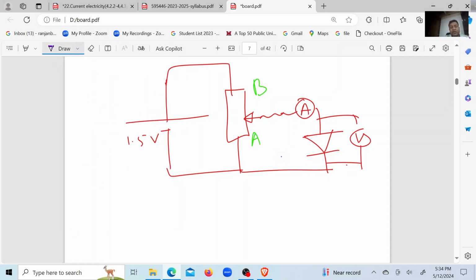Why? Because look, current will start from this point. At this point, the current has two pathways, one through the diode and one directly. The current will split, then join again.